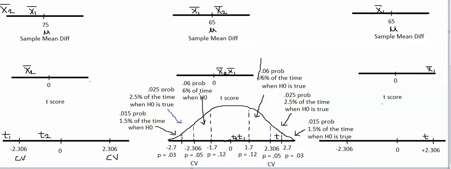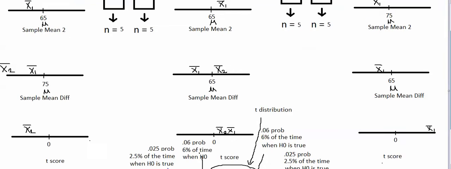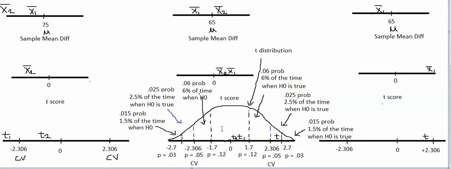One final thing is I want you to label this as a t-distribution, because what actually happens when the null is true and the study is repeated over and over in this middle situation, all of the different t-scores that are found pile up to form a shape called a t-distribution, because the t-scores pile up near zero most of the time and don't pile up out here as often.